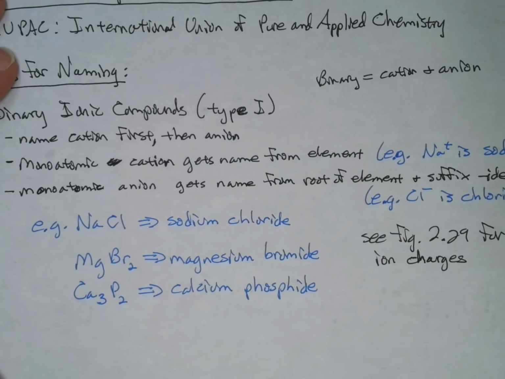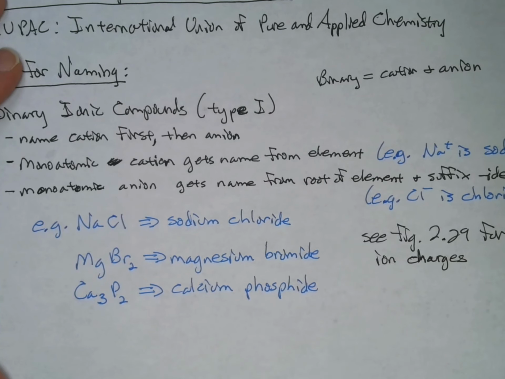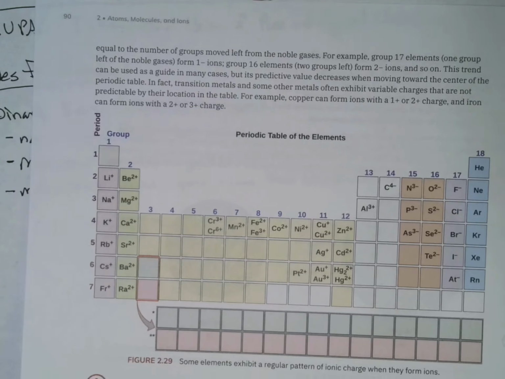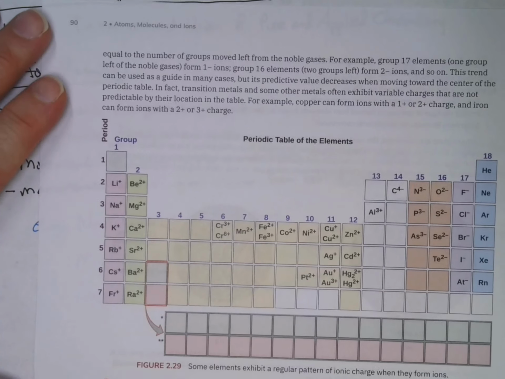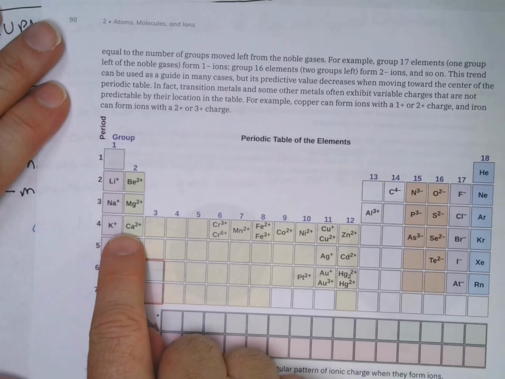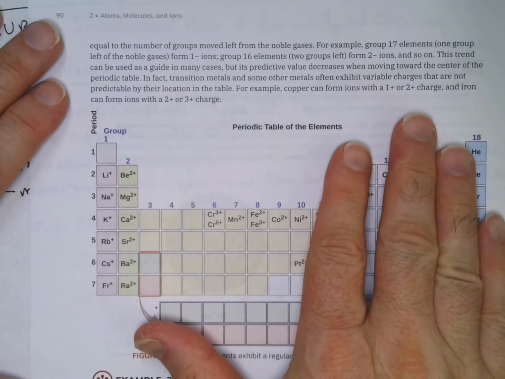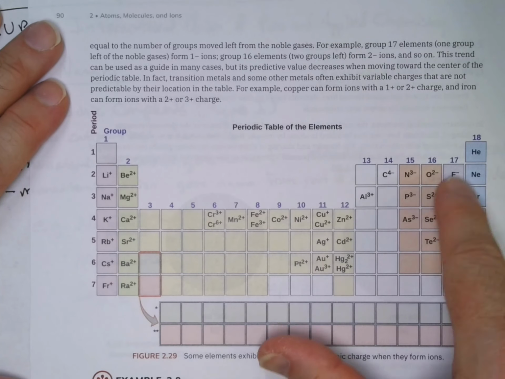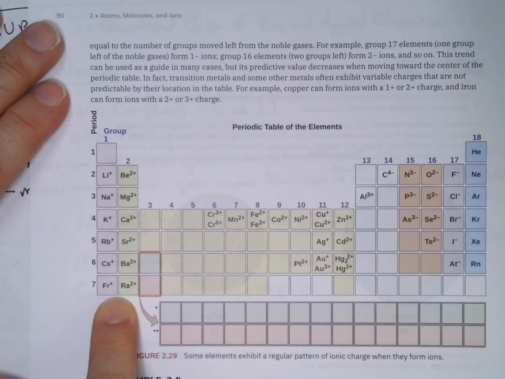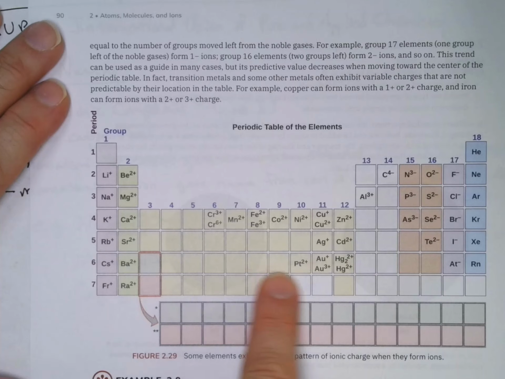Okay, so those are the type 1 binary atomic compounds. And they involve things where you only have 1 possible charge. So notice in this table, all of my anions here, and then my cations in groups 1 and 2, and some of my cations in the middle.